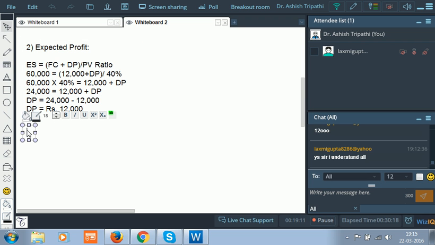We'll go for the third one. What we want here is new break-even point if selling price is reduced by 20%.